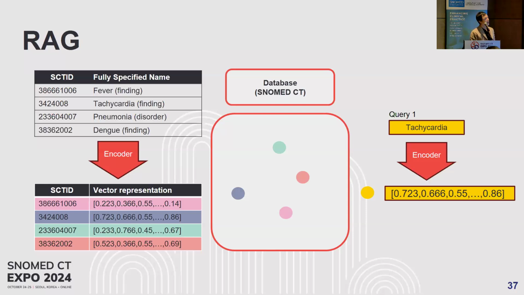Then we have the query. I will provide an example of tachycardia. We encode tachycardia from the query and then compare it with the information in the vector database.